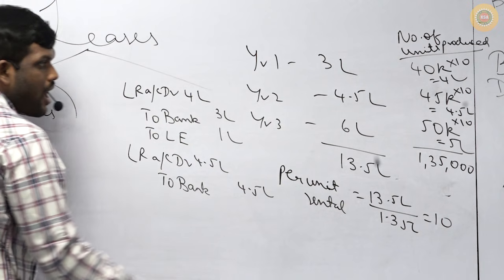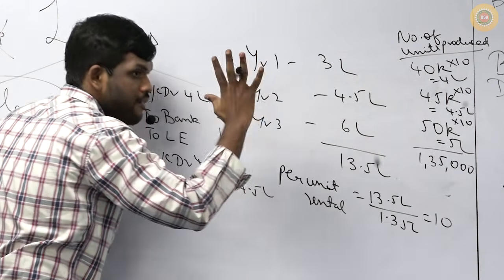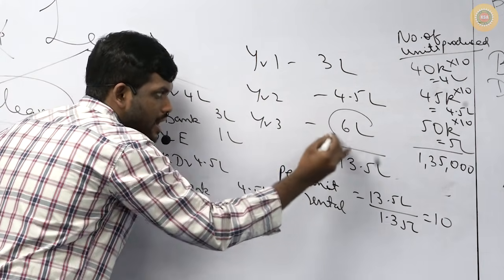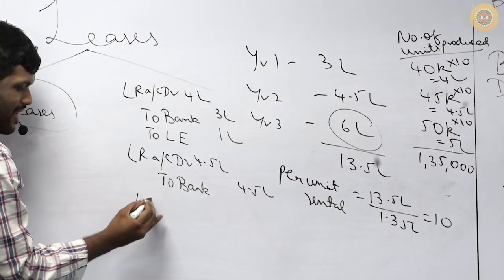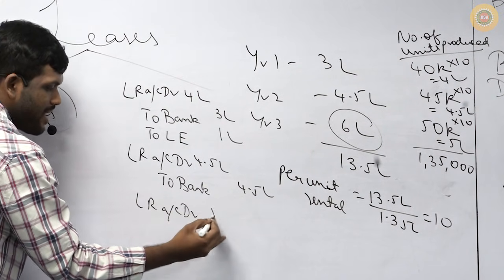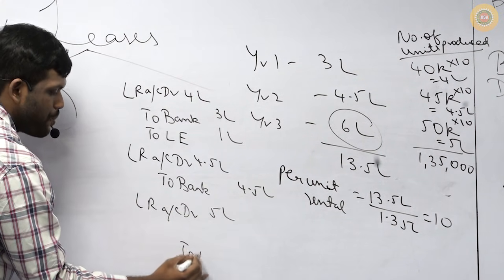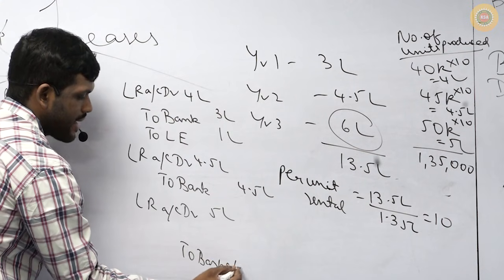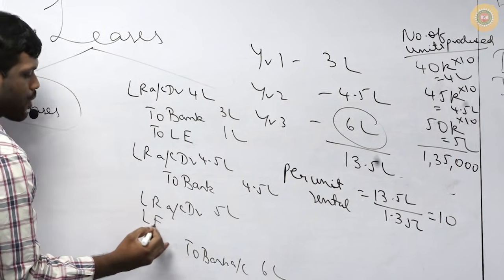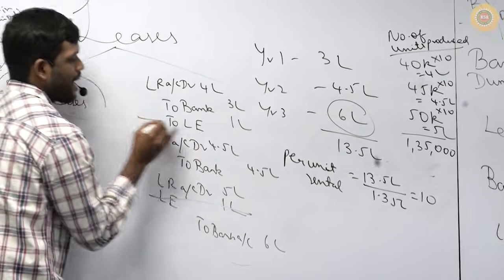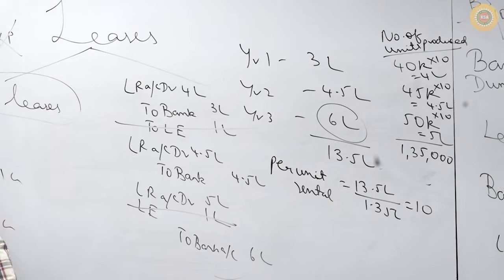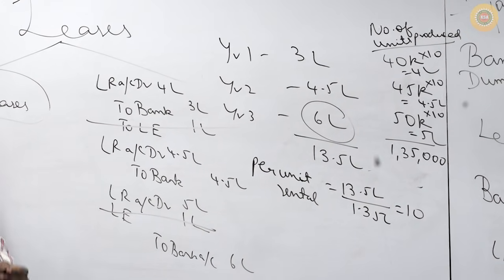Last year, how much should go to P&L? 5 lakhs. But how much am I paying? There, lease rent account debit 5 lakhs, to bank account 6 lakhs, lease equalization account 1 lakh. Lease equalization account will get closed. Able to understand?